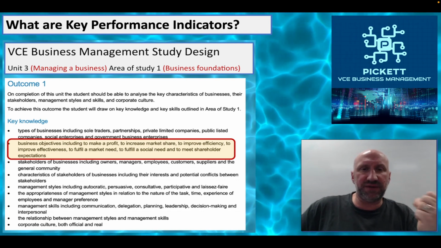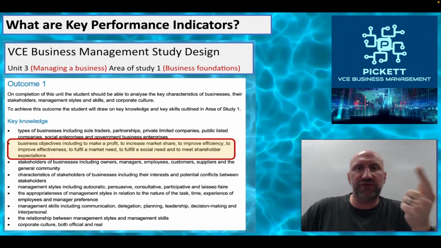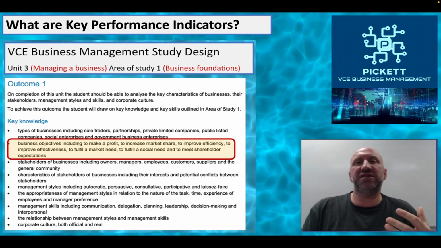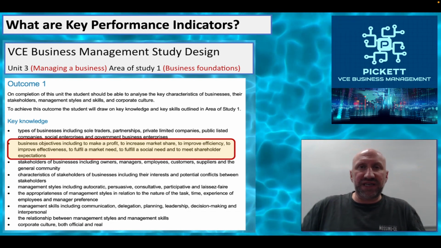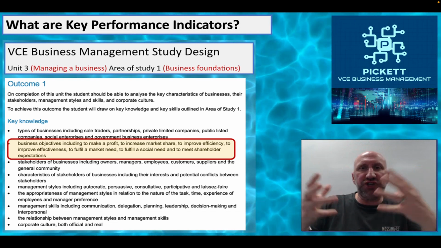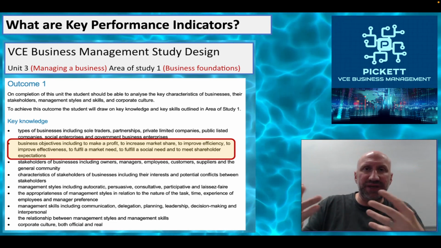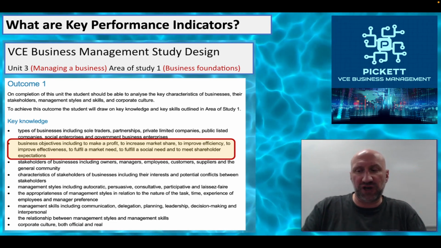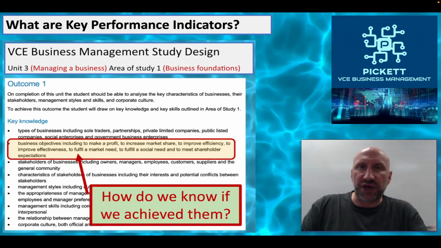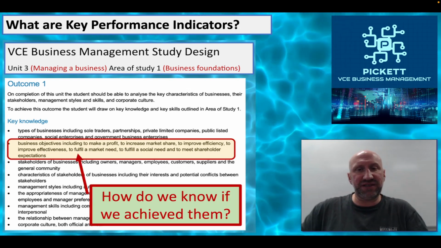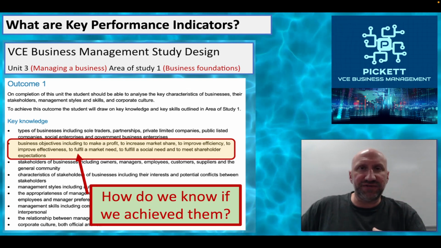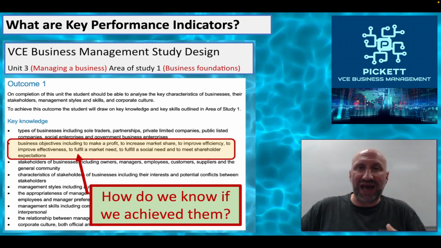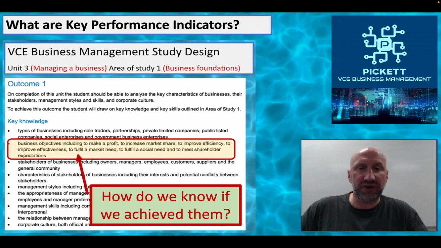Remember this: to make a profit, to increase market share, to improve efficiency, so on and so forth. So the study design basically gave us the objectives that businesses are going to be trying to achieve over a period of time. So the whole point of this is, if we've got objectives, how do we know if we actually achieve them?